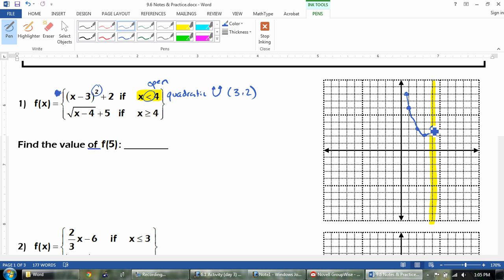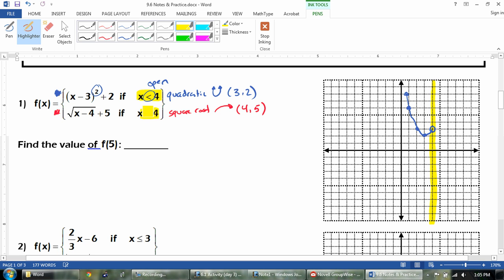All right, now let's look at our next one. Our next one's, what type is that? Yeah, that's a square root. There's no reflection, so it's going to look kind of like that. And our initial point is (4, 5).